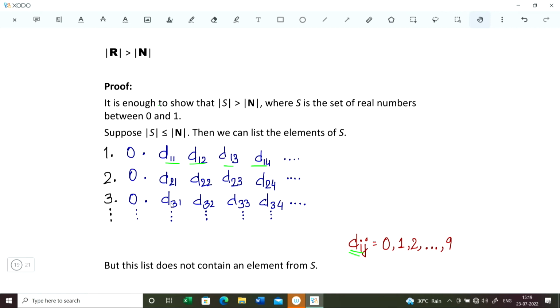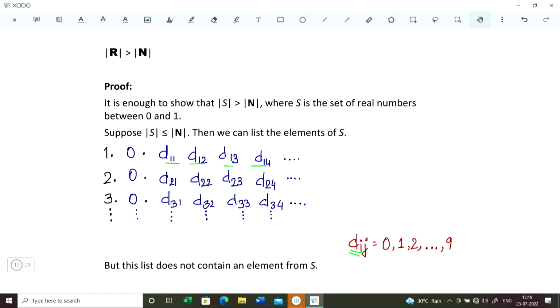We have assumed that the cardinality of real numbers cannot exceed the cardinality of natural numbers. And what do we mean by that? We can list all of them, based on our assumption. Yes, I'm coming to that.